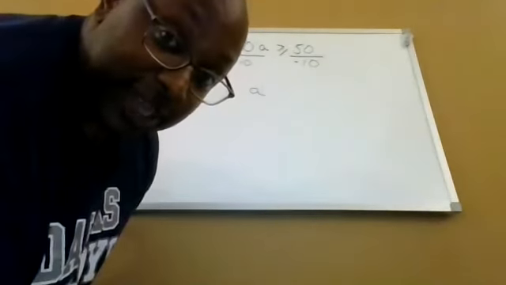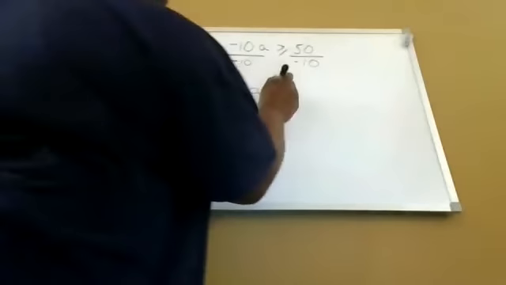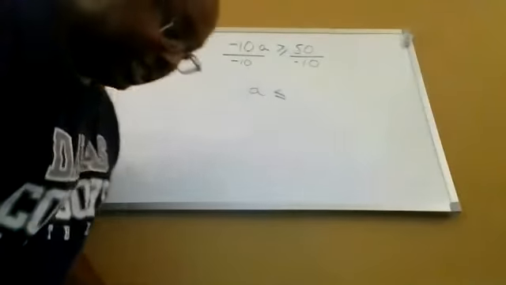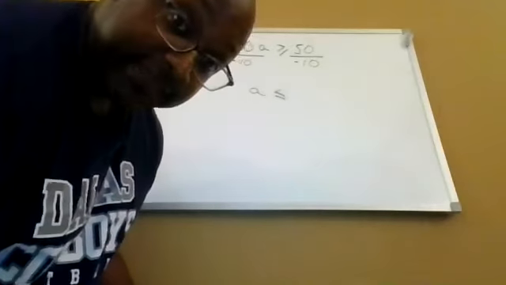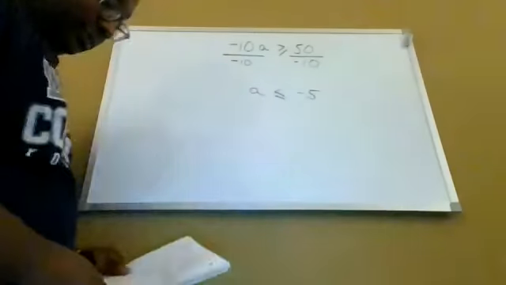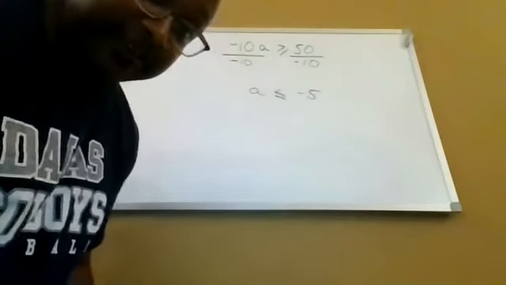That means our greater than or equal to will become less than or equal to. And then 50 divided by -10 will give us -5. So now I have the inequality A is less than or equal to -5.